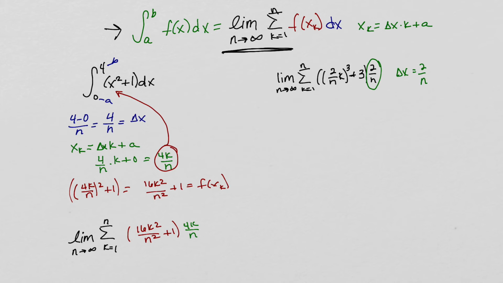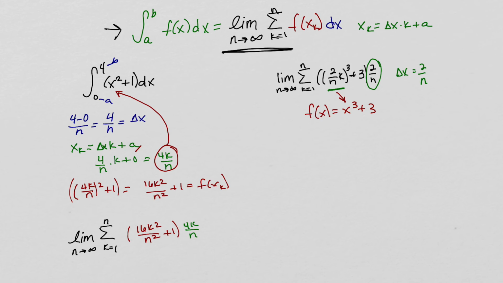And whatever this thing is with k, this term here, that's going to help us figure out what our x sub k is, and that helps us with our starting value, because that's where we can determine a, right? So I can say here that it looks like my function f of x is x cubed plus 3, because this thing here looks like my x sub k.